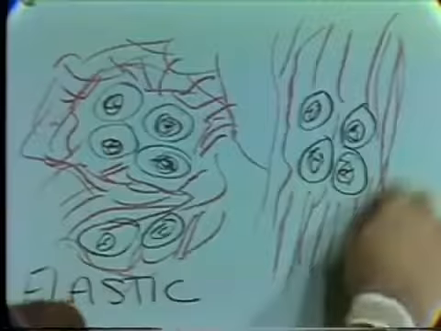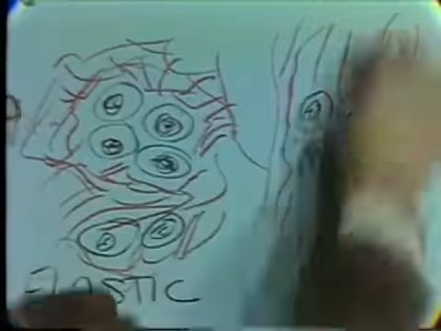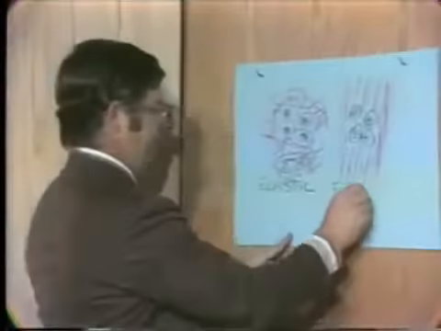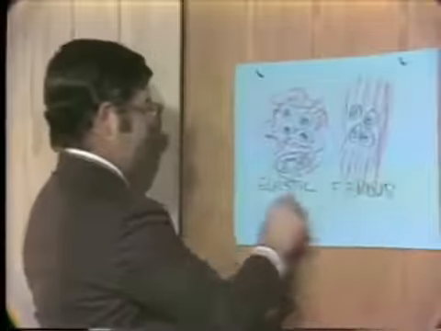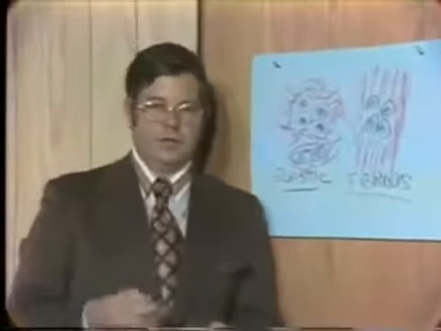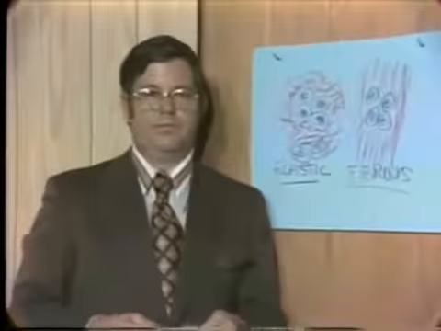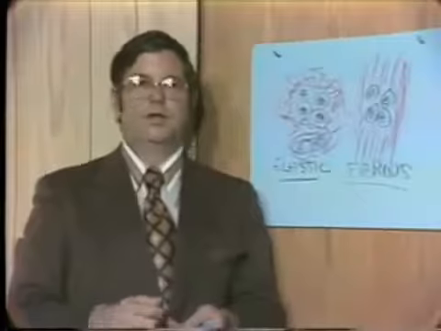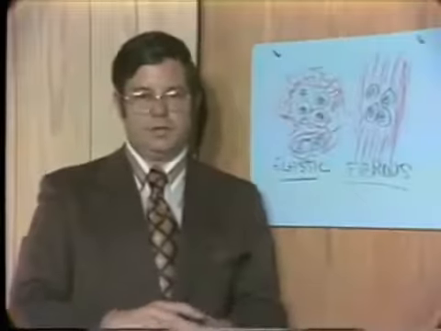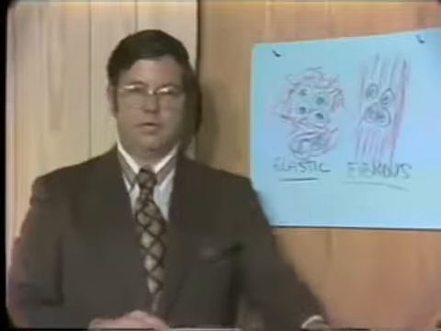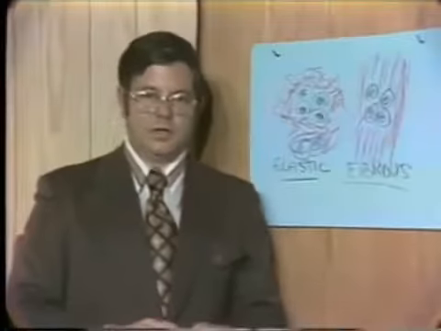You have good, strong collagen fibers in fibrous cartilage. So hyaline cartilage is found at the end of the long bones, elastic cartilage in the ear, and fibrous cartilage, a typical place that we'll look for it is between the vertebral bones themselves. Now let's look at these tissues in the microscope.